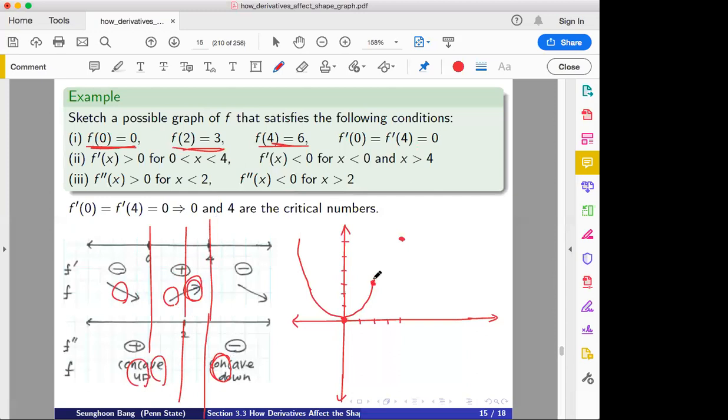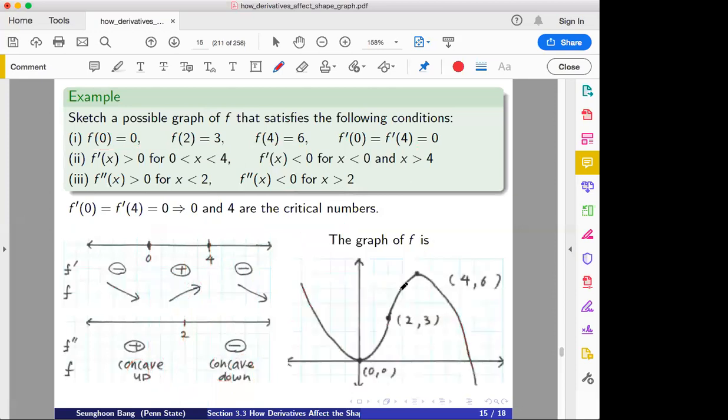This is the inflection point, where concavity changes. So like this. From 4 to infinity, decreasing, concave down. So that's it. This is the whole idea for sketching the graph.